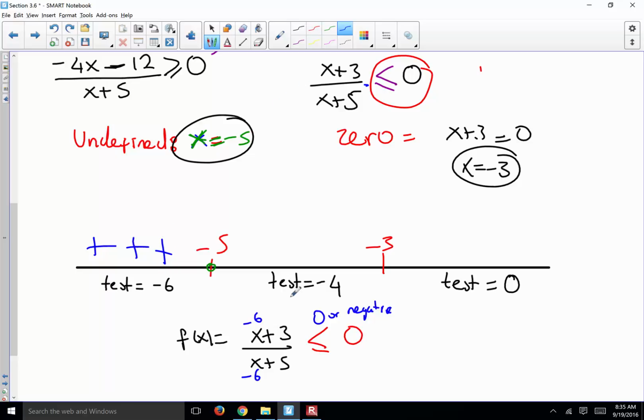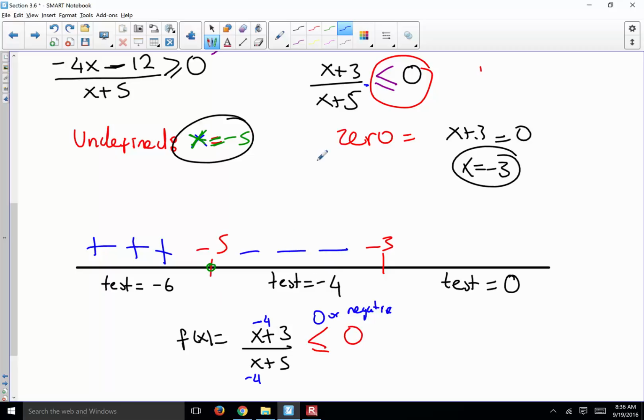Okay, next region. We are testing -4. -4 plus 3 is -1, negative. -4 plus 5 is +1, positive. -1 over +1 is negative.